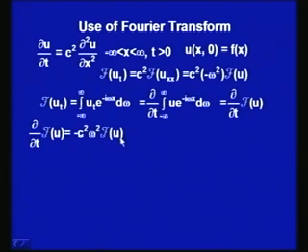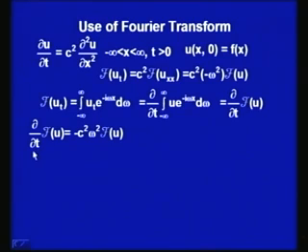So, my partial differential equation has been changed to an ordinary differential equation, where it has to change with respect to t, and this function is of omega and t.